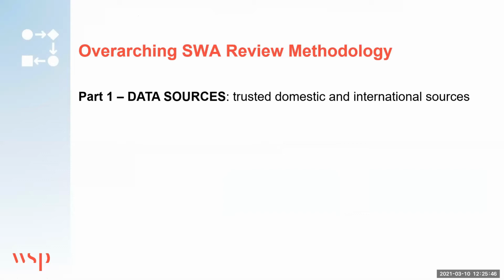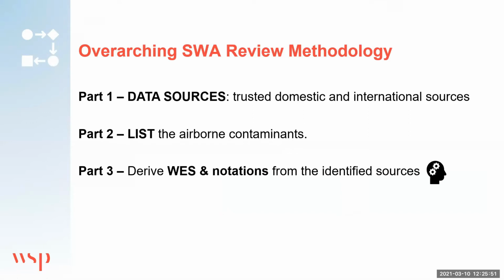It was driven by the need to update the WES in bulk, so we had to be efficient but still robust. The methodology was peer reviewed by local experts and Health Canada, and it was agreed by Safe Work Australia members in early 2018.